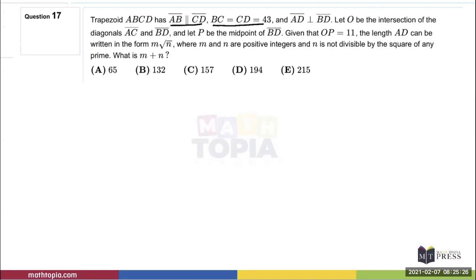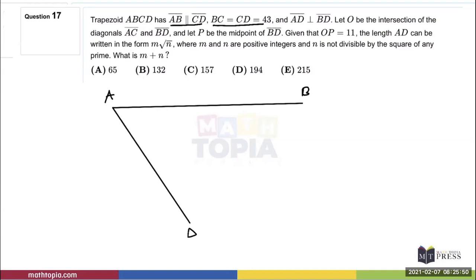I would like to start this way, A, B. Let's put A, B, and I go that way, because since AD is going to be perpendicular to BD, I intend to do this way.